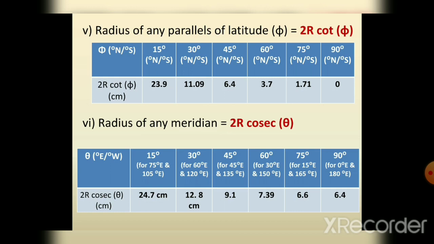So the central meridian is 90 degree east, so the immediate two meridians beside 90 degree east are 75 degree east and 105 degree east. So the radius of 75 degree east and 105 degree east would be 24.7 centimeter. Similarly for 30, 45, 60, 75, 90 degree, the values of the radius of the meridian are calculated.